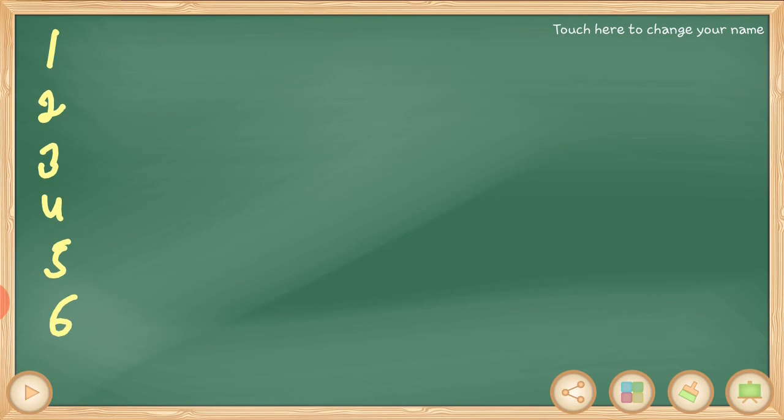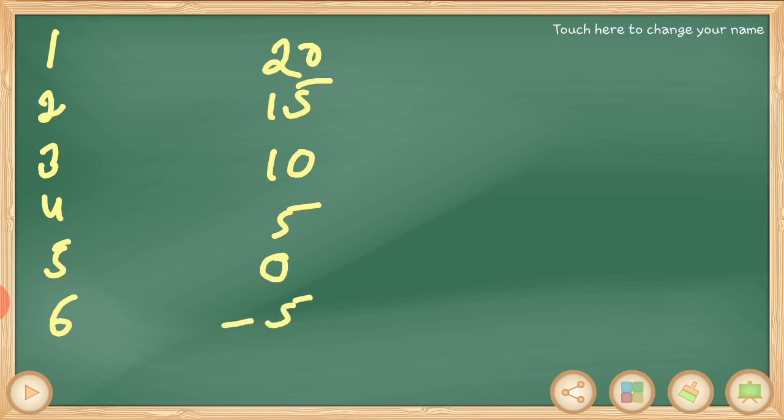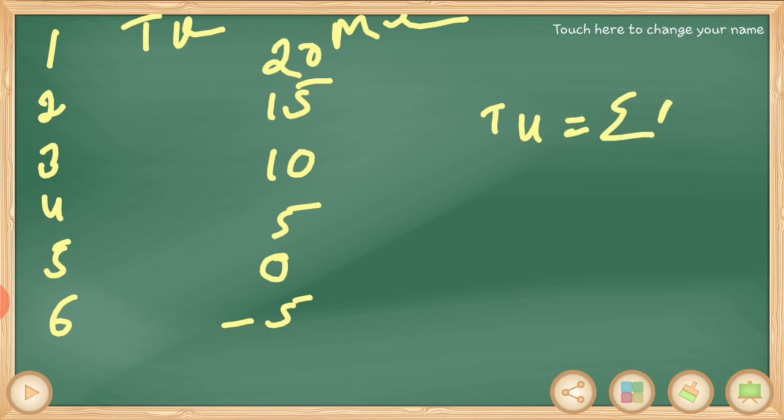Then how is TU calculated? We'll write MU. So this is MU. We have to calculate TU. How to calculate TU? Summation of MU.